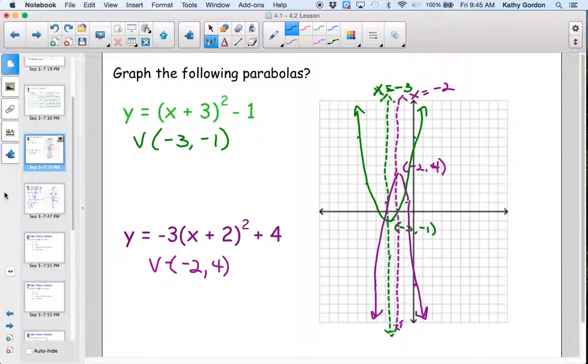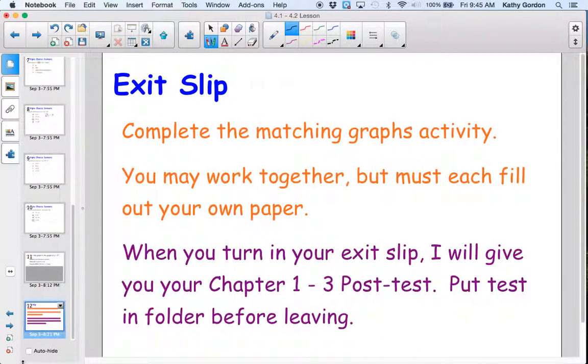All right, so our final thing then here is we're going to do a little exit slip activity. You can work on it together at your tables of 3, but each of you needs to fill out your own answer sheet. Okay? And so what I'm going to give each set of tables is an envelope. Inside of the envelope, there are 10 graphs and 10 quadratic functions. Okay? And they're mixed up.